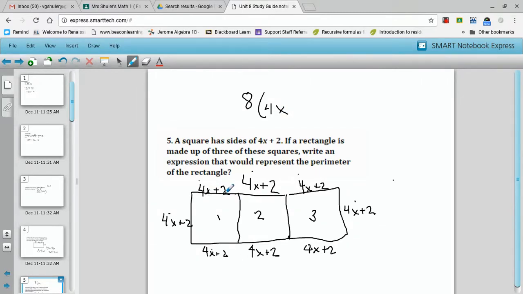How many 2's do I have? 1, 2, 3, 4, 5, 6, 7, 8. So I also have 8 2's. So I'm basically multiplying the expression 4x plus 2 times 8. Well, what do you get? 8 times 4x is 32x.